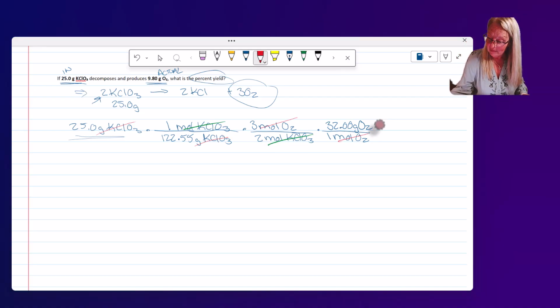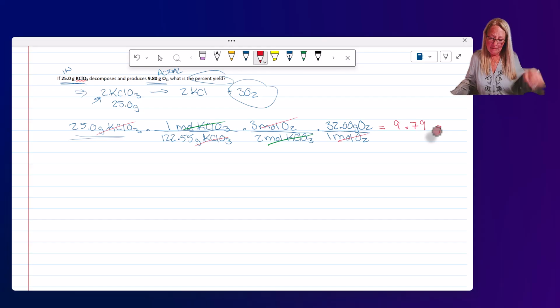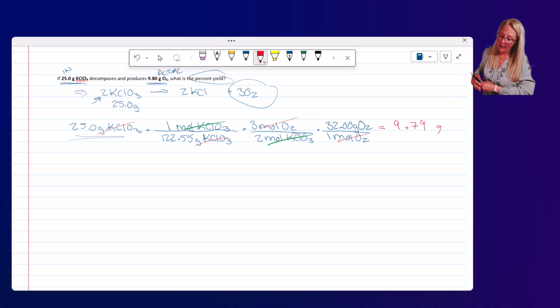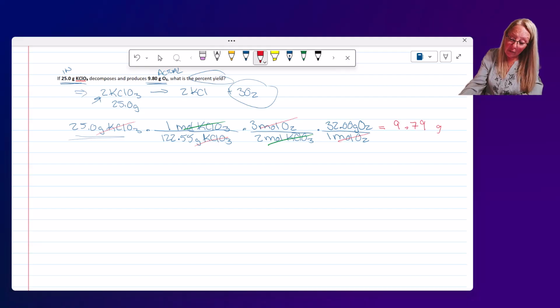So we're going to double check it. 9.79 grams. Let me just confirm my notes. Yep. Okay, so that was intentional. Because let's see, though I disagree, it's almost 100%.